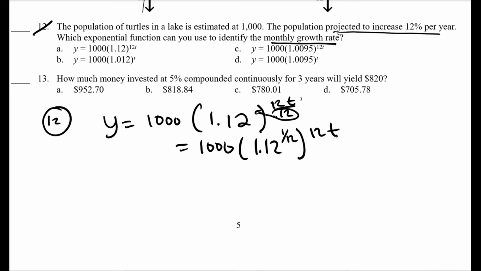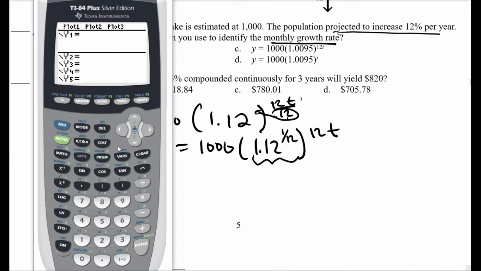All right, so that's what I have. So now I know that I have 12t, and the 12 is 1 over 12 because you've got an invisible 1 on top, and then the 12 is on the bottom. Now this number here, we've got to figure out what that is, because 1.12 to the 1/12th power is some kind of decimal. So let's figure out what that is.